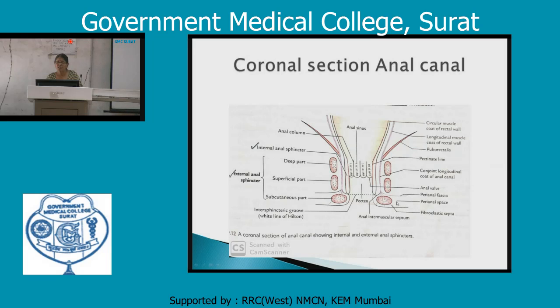The perianal space contains tightly packed fat, and here is the ischioanal space or ischiorectal fossa, which contains loosely packed fat, and this allows the distension of the anal canal. Because of the loose fatty tissue on either side, the distension of the anal canal is allowed.